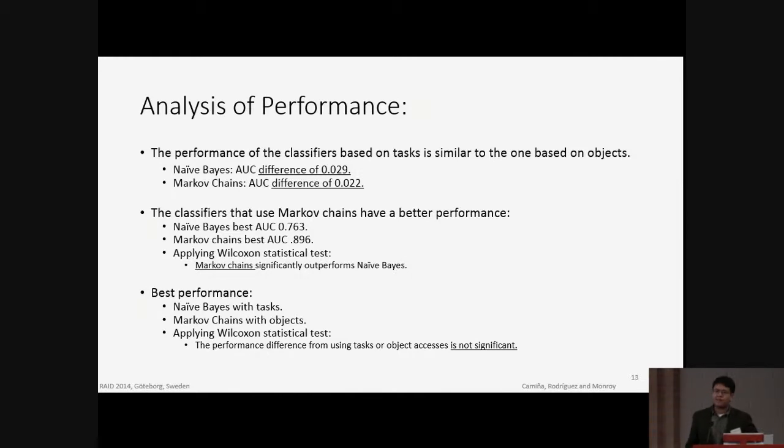So we used a non-parametric test, and with this test we concluded that the difference between the classification between Markov chains and Naïve Bayes is statistically significant, but the difference between task and objects for both classifiers, that is Markov chains based and Naïve Bayes based, is not significant. That is, it doesn't matter if you use one or the other.